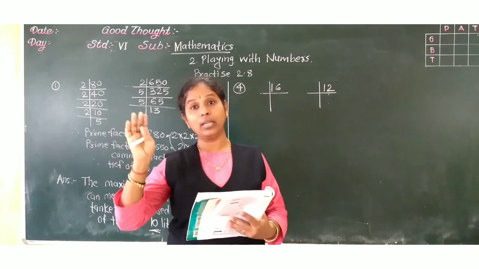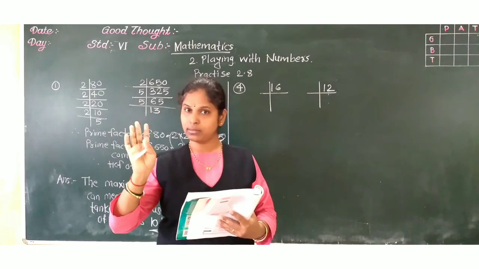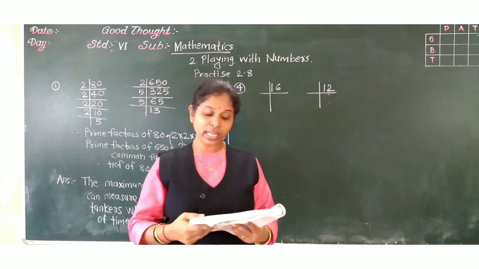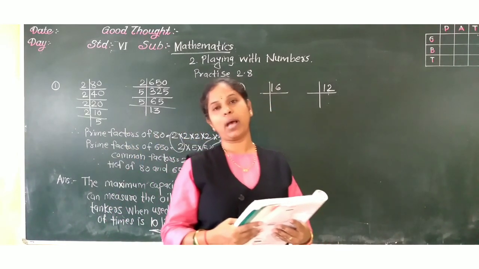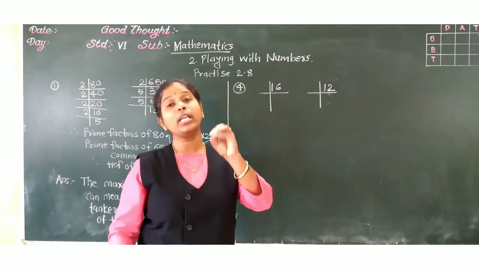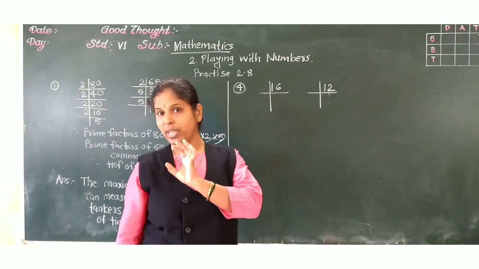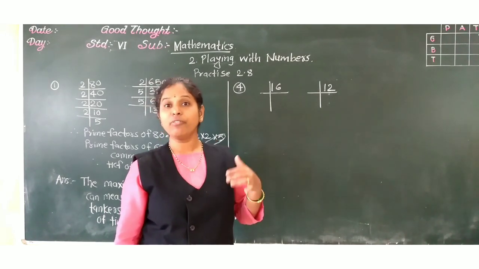How many kg of each do we need to buy? To adjust those least number of pieces, how many kg of burfi or rasgullas we have to purchase, that we have to find out.